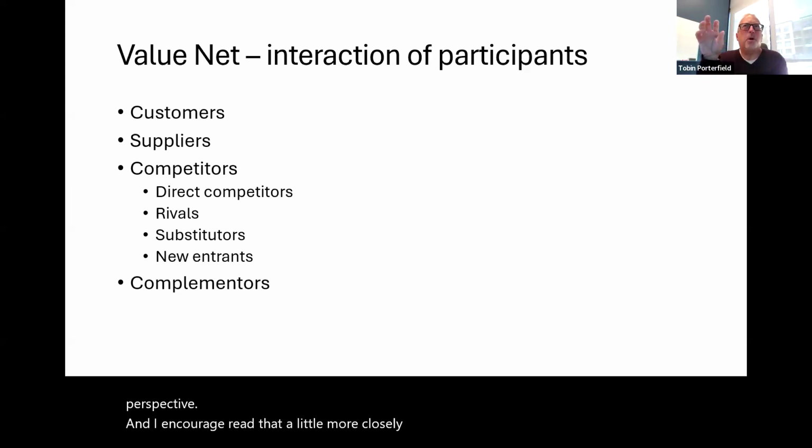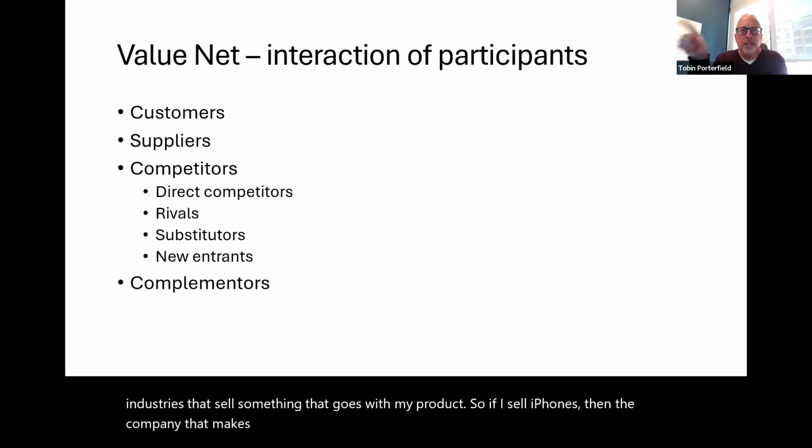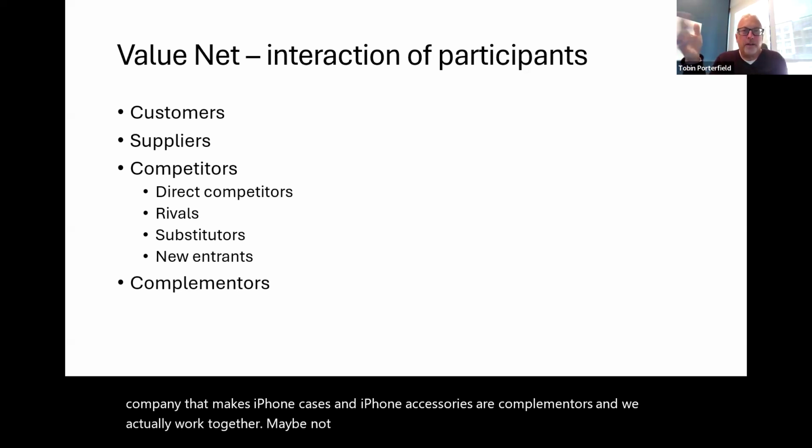Complementers are firms in other industries that sell something that goes with my product. So if I sell iPhones, then the companies that make iPhone cases and iPhone accessories are complementers. And we actually work together, maybe not directly, but indirectly.